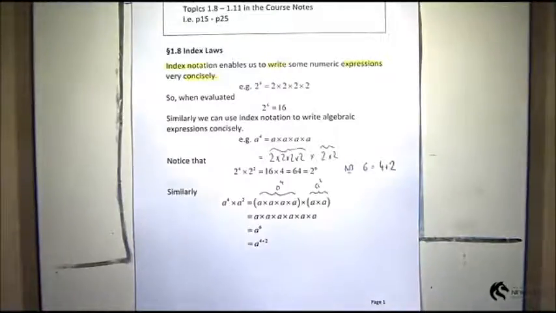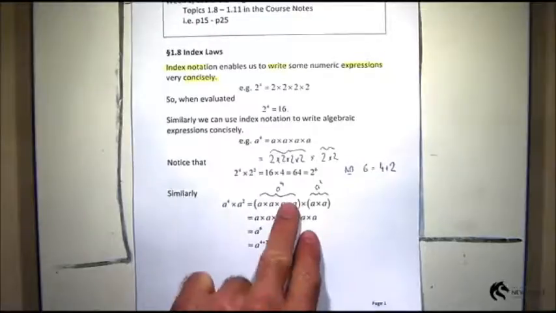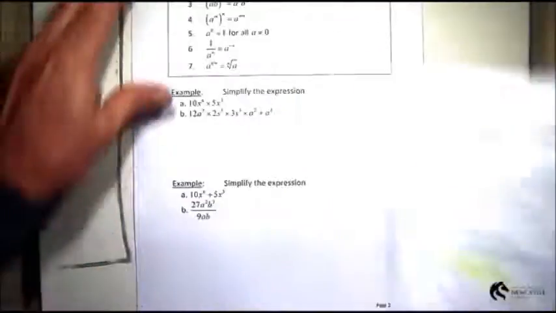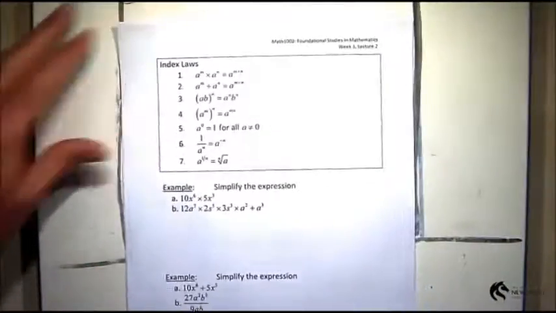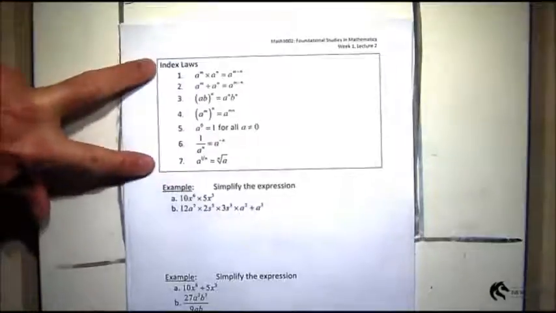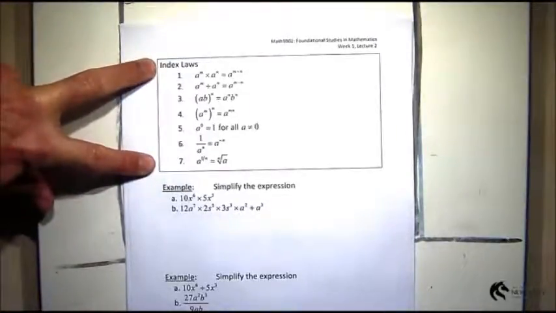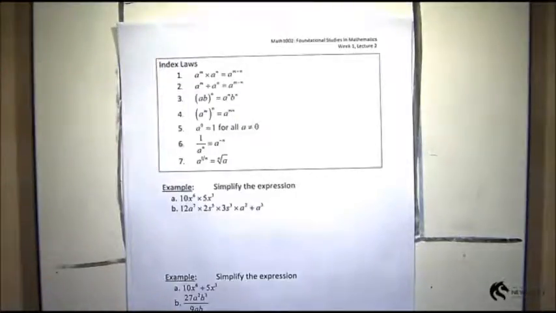And it turns out that we in fact have 7 such laws of working with indices. And we will use all of these in rearranging our algebraic expressions. So in the end, you will in fact need to know these expressions, these laws.